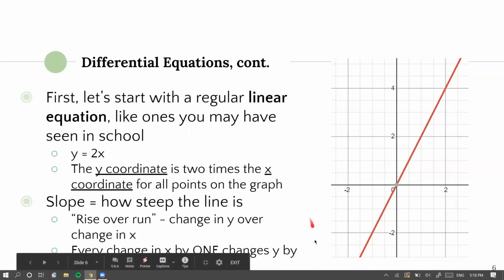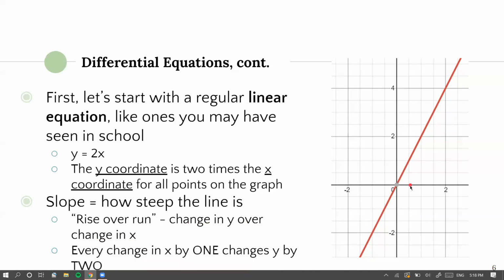And the way mathematicians talk about slope is something called rise over run. This is for every change in x, how much of a change in y is there? So if you change x by 1 over here, then y is changing by 2. If you change x by 2, then y is changing by 4. So if you go from 0 to 2, y goes from 0 to 4. And if you go from 0 to 1, y goes from 0 to 2.